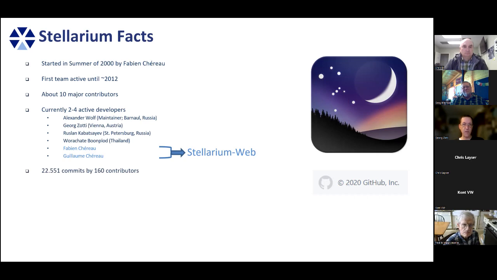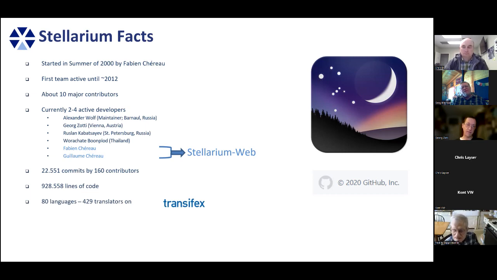Some statistics: we have about 160 contributors in all, with 22,000 commits. That means 22,000 steps in development. There is also some large number of lines of code; it depends on how you count that. I've seen larger numbers in the statistics.